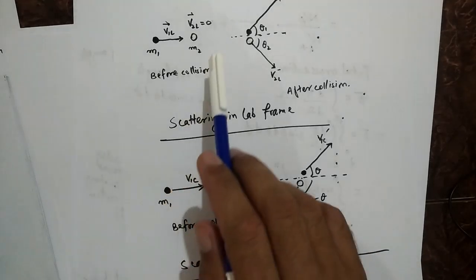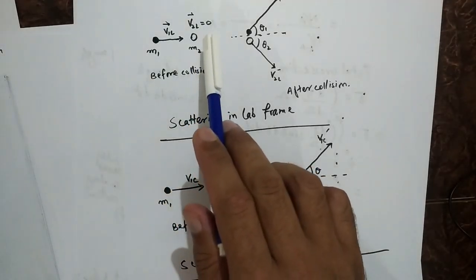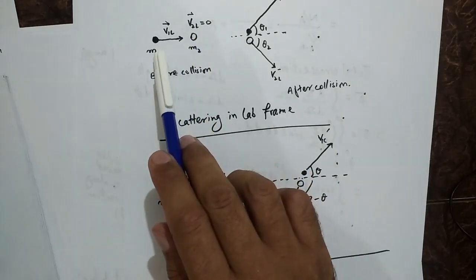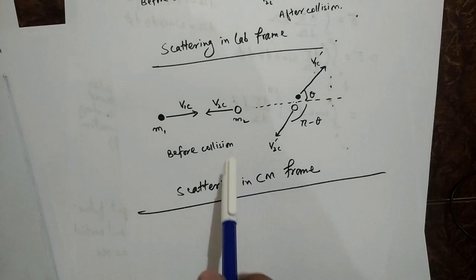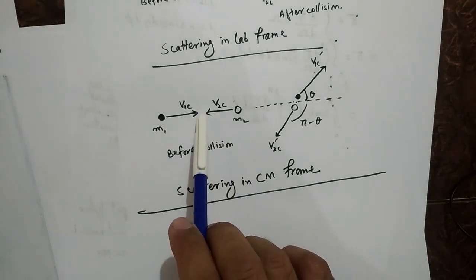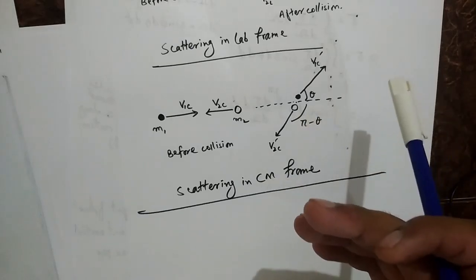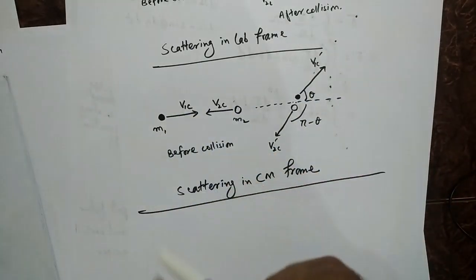In the lab reference frame, the target is assumed to be at rest while the projectile is moving, while in the CM reference frame, the center of mass is assumed to be at rest while the target and the projectile move towards each other.